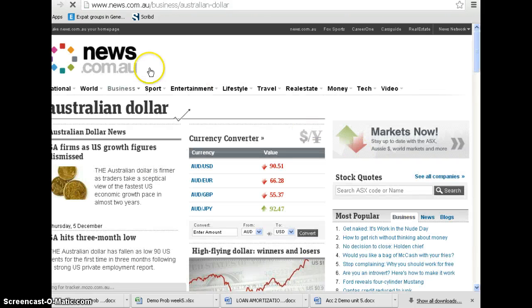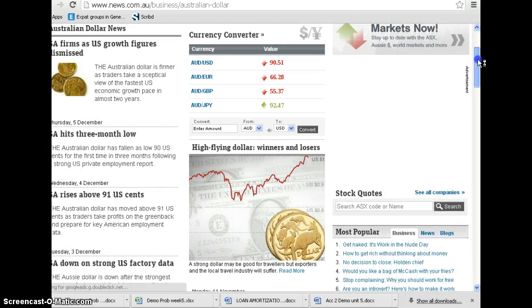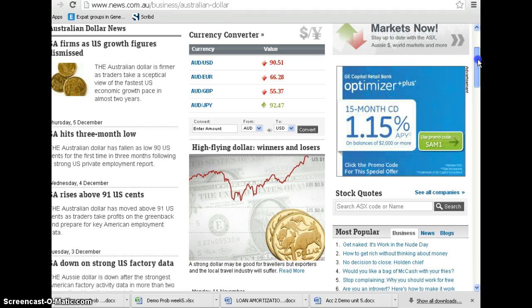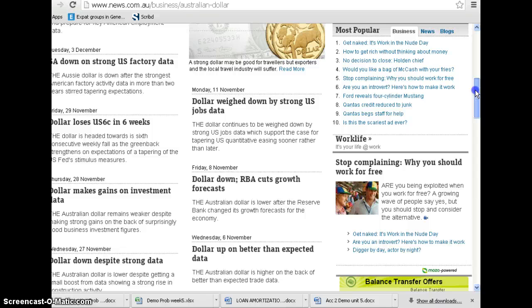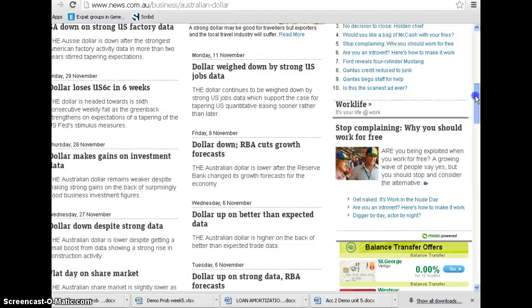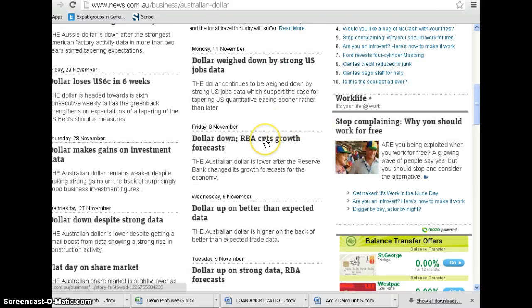And this is what I came up with, news from Australia. Now some days it's going to say it got stronger and some days it's going to say it got weaker, and it might go up a few cents either way. However, you want to look at a long-term trend, so find out why the Australian dollar is weakening in relation to the US dollar. And these are some of the reasons why.